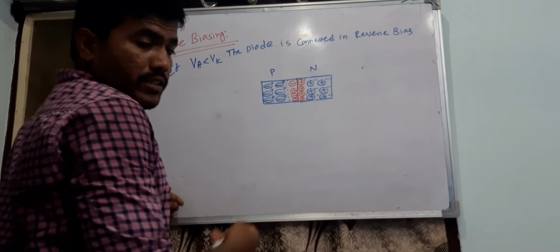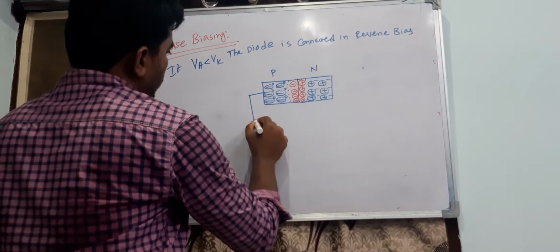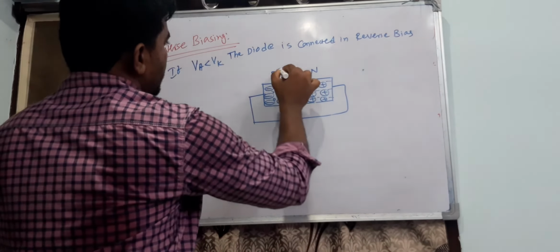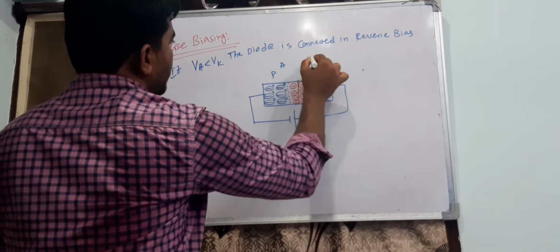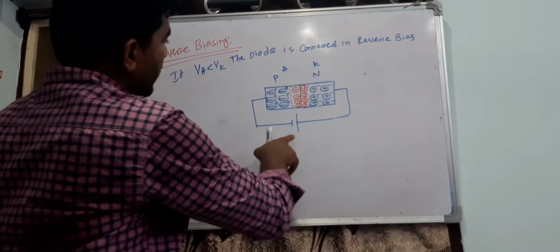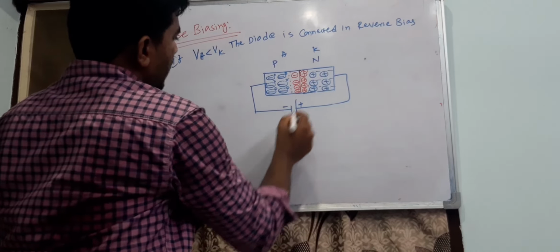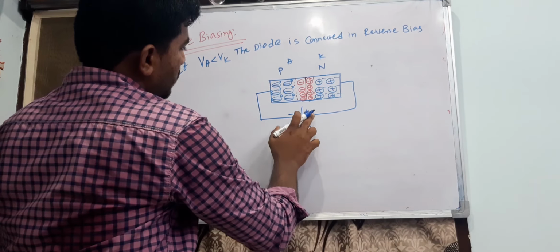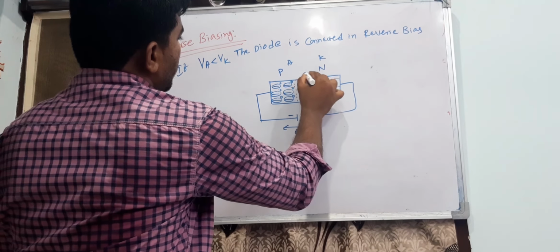When I connect this in reverse bias, the anode voltage is less than the cathode voltage; this is the anode and this is the cathode. So the n-type is connected with the positive terminal and the p-type is connected with the negative terminal. The electric field direction is always positive to negative, so here the electric field is from n to p side.